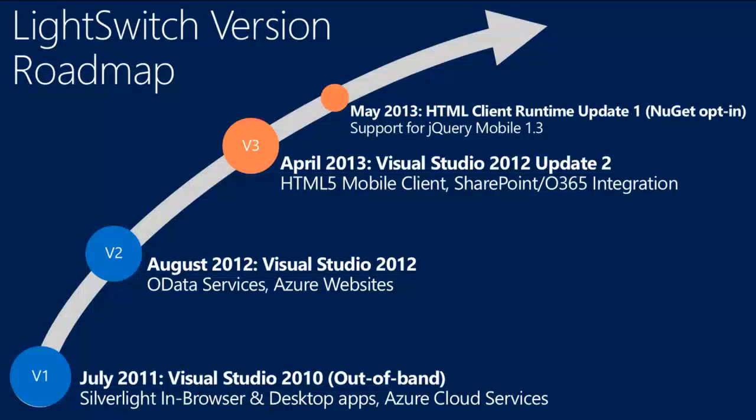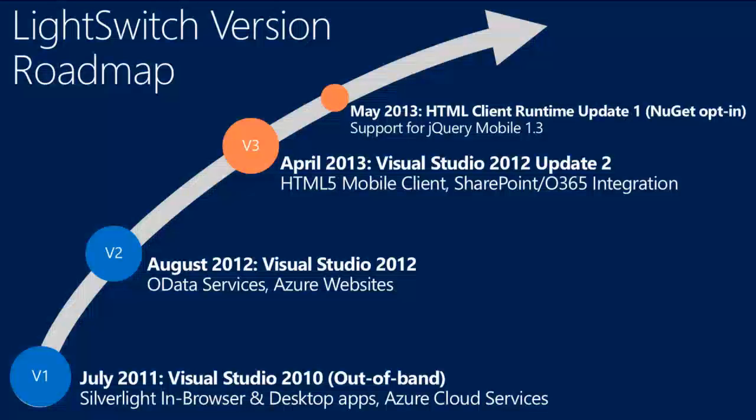We also added support for Azure websites when those websites came out. LightSwitch has always been able to deploy to Azure cloud services, but we also added websites in that version. And then last month, or a month and a half ago, I guess, in April, we released the HTML5 mobile client and the SharePoint support.